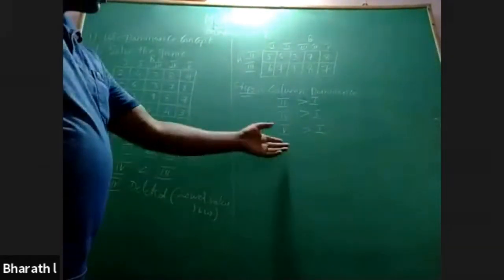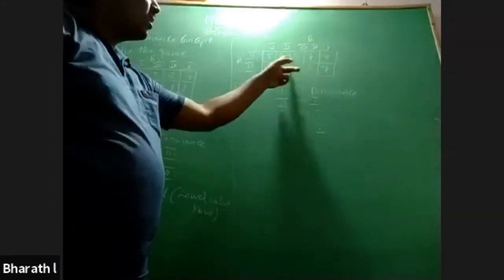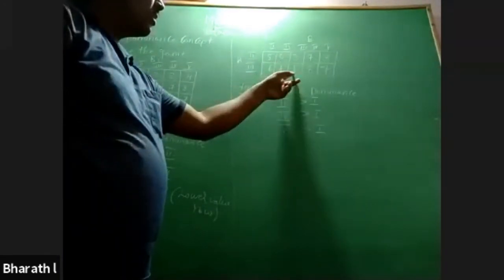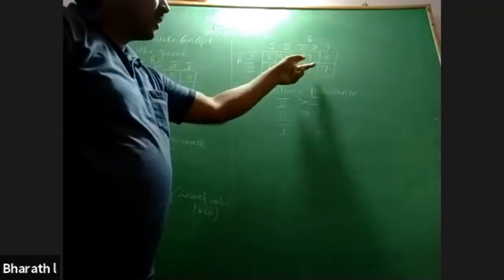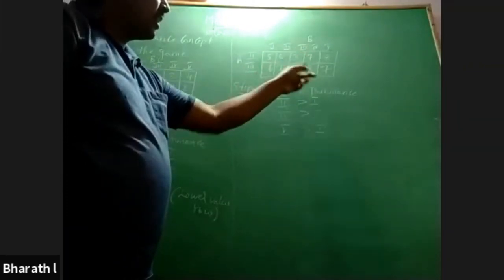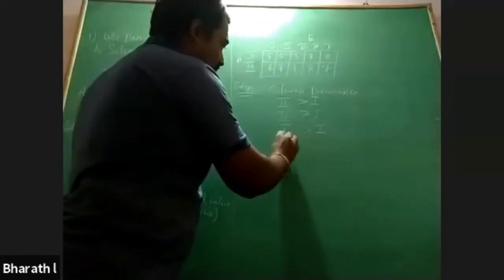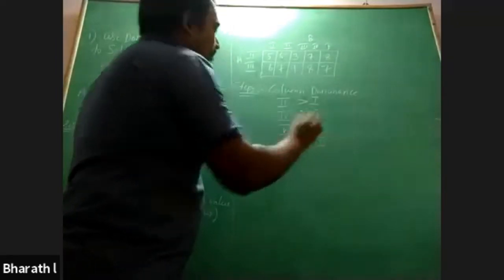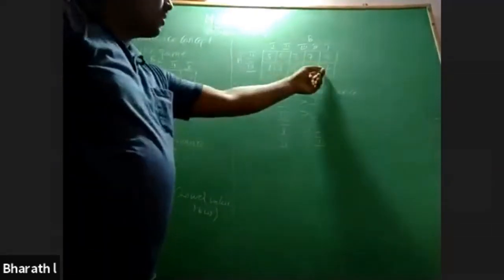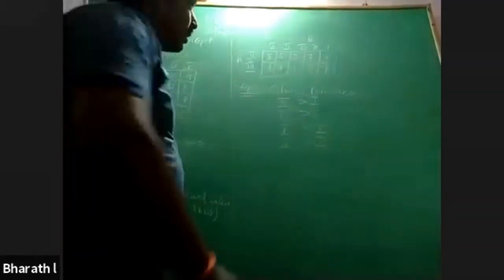Then we will check other possibilities. Second and third: 6, 3, 6 is greater; 7, 9, 9 is greater. It is not possible. Second and fourth: 6, 7, 7 is greater; 7, 8, 8 is greater. That is, the fourth column is greater than the second column. Then second and fifth: 6, 8, 8 is greater; 7, 7 is equal.